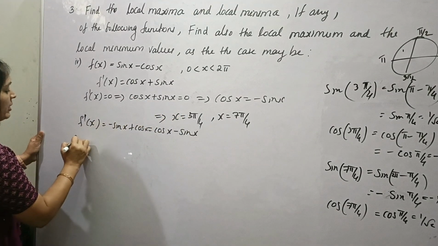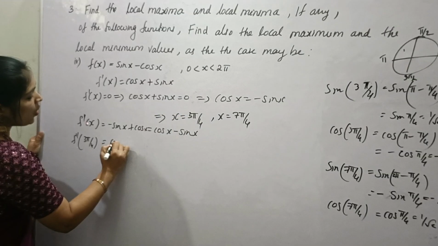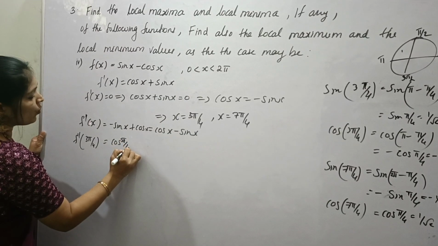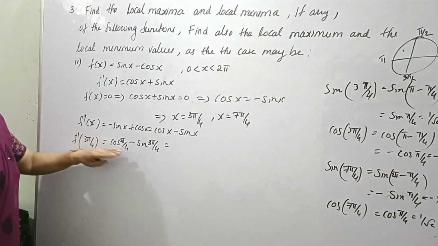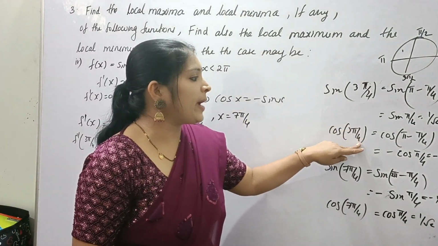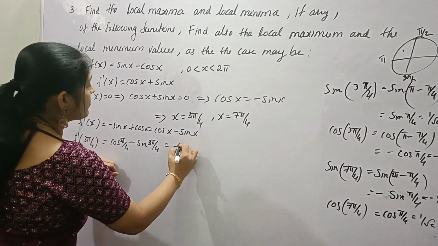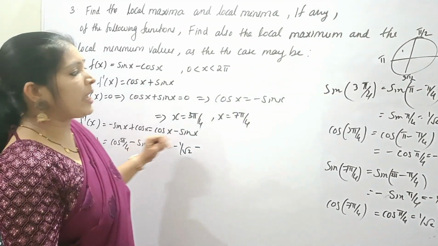Now let's find f double dash of 3 pi by 4. That is cos 3 pi by 4 minus sin 3 pi by 4. What is cos 3 pi by 4? We have already found it, right? Cos 3 pi by 4 is minus 1 by root 2. Minus, what is sin 3 pi by 4?